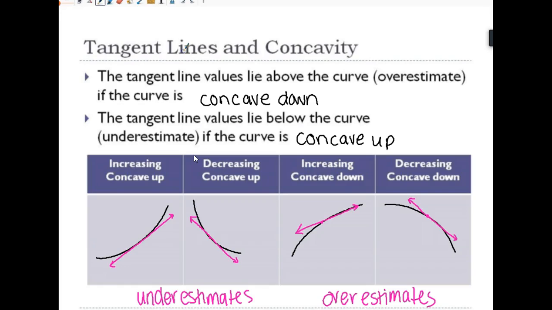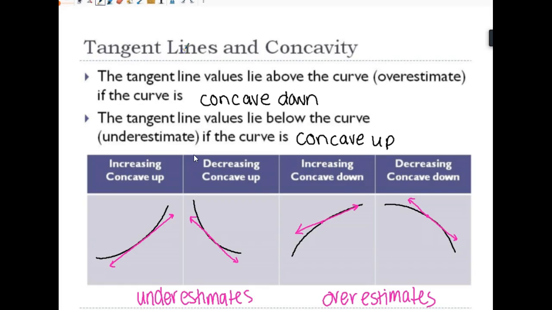So linearization allows us to approximate a value on the original function without knowing what it is. But it's always either going to be an over or an underestimate of what that original value is. Concavity with tangency allows me to know which category it falls into.